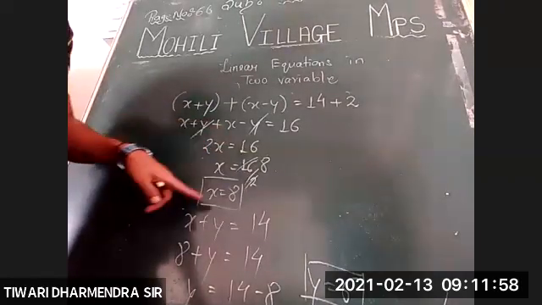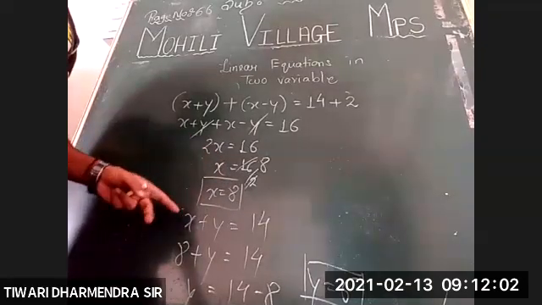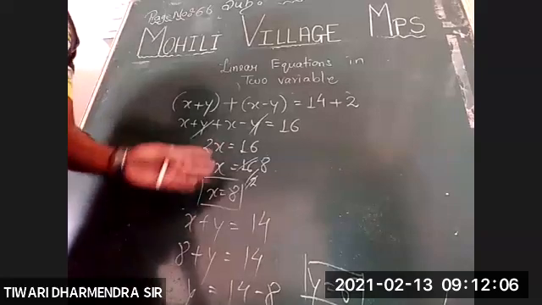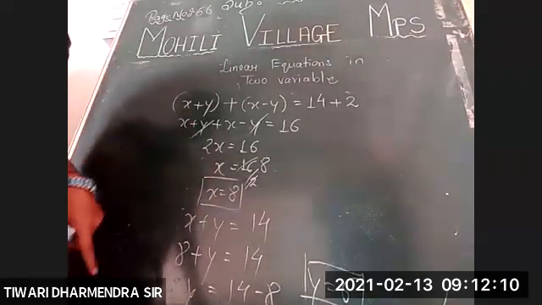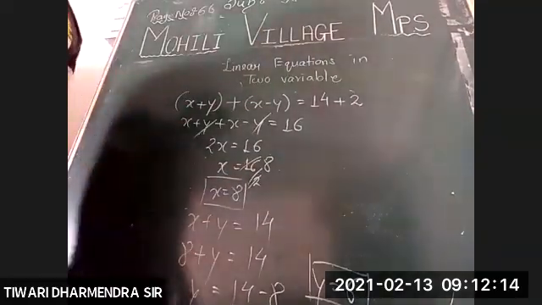Then we find the value of 1 variable and substitute that value in any of the equations in which we had 2 variables. Once we substitute the value, we get rid of 1 variable again. So what remains? Another variable. So I got the value of the other variable.